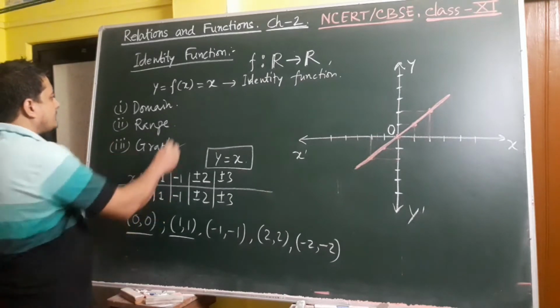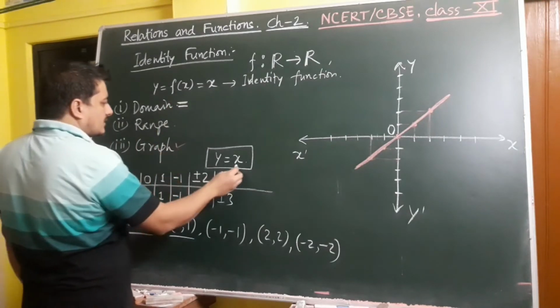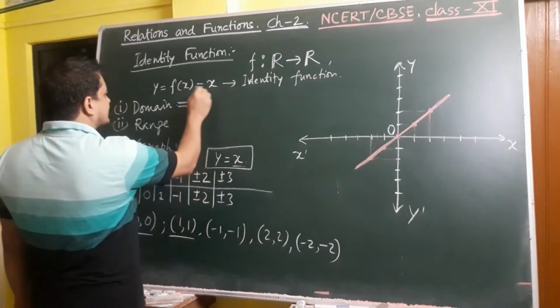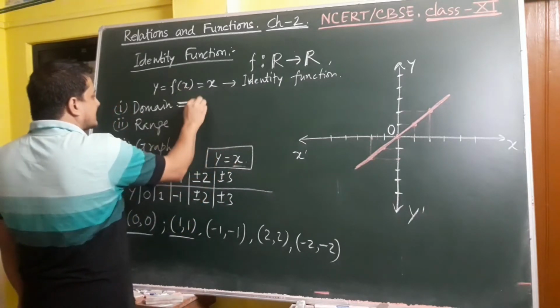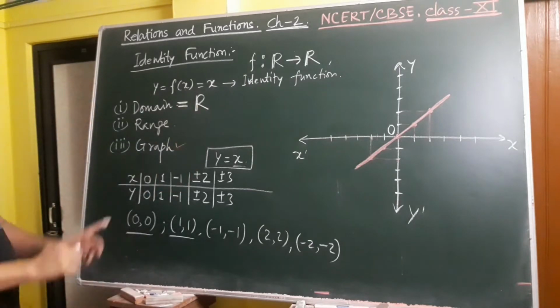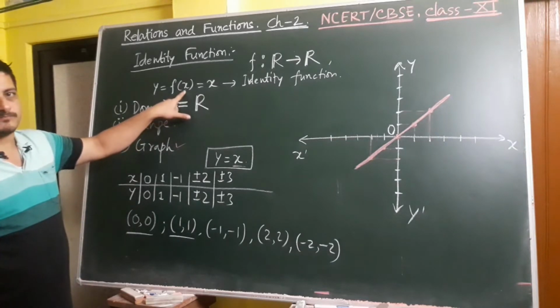So you already know domain means the collection of all this x value. So that is nothing but the set of all real numbers. Any real number you can take as the value of x.